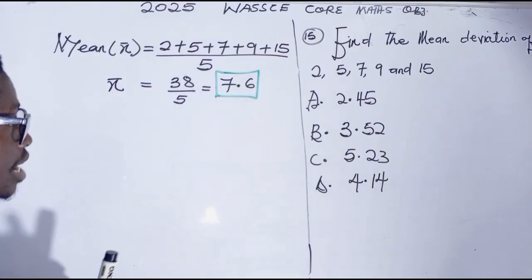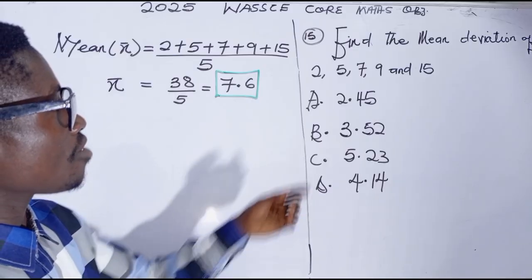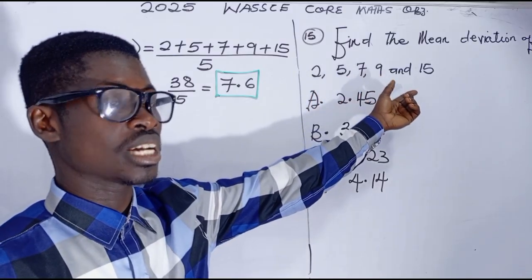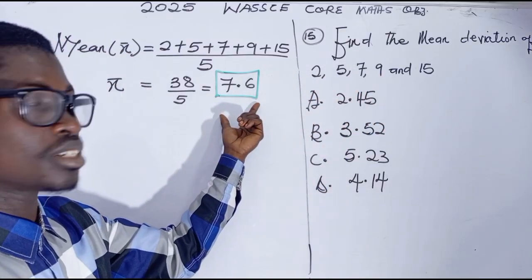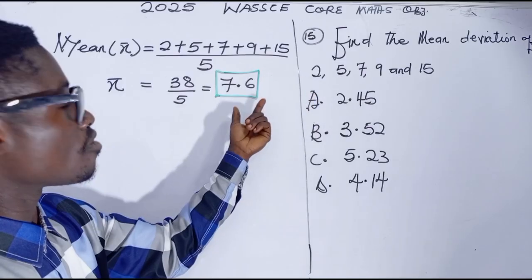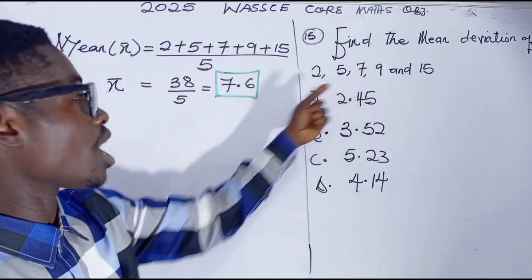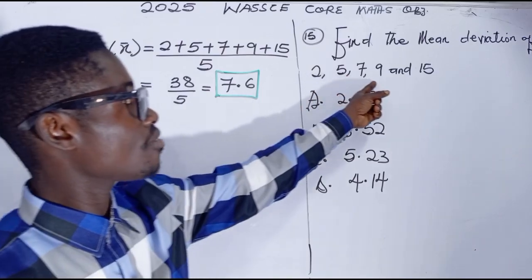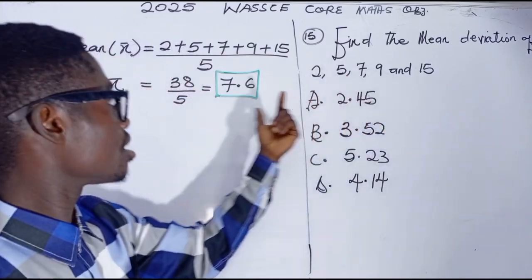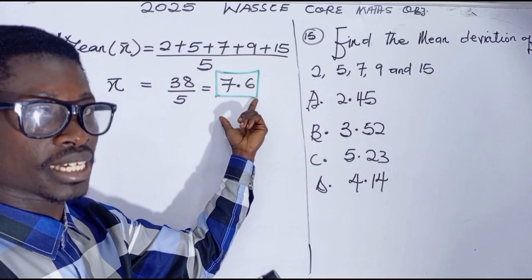As I said earlier, how far is each of these data away from the mean? How far is the number 2 from the mean? It means you have to look for the difference. How far is the number 5 away from the mean? You have to find the difference.